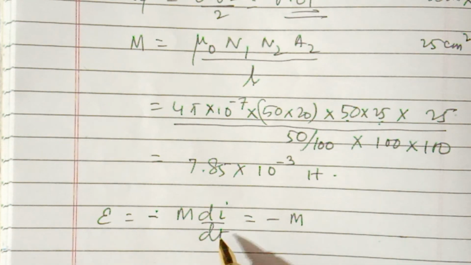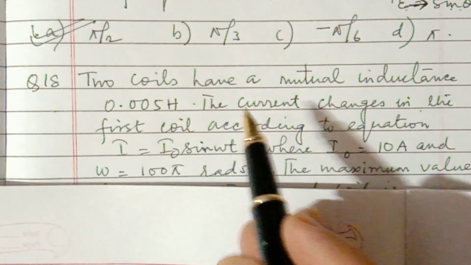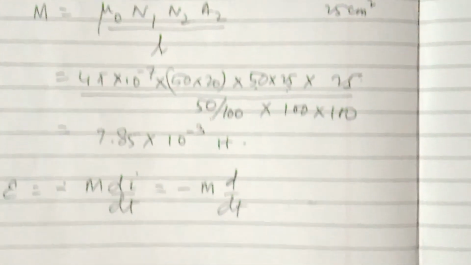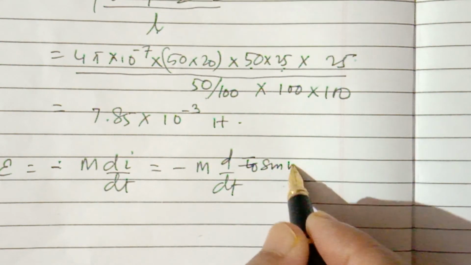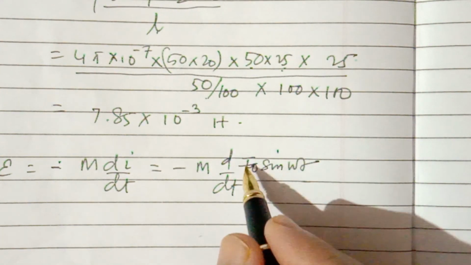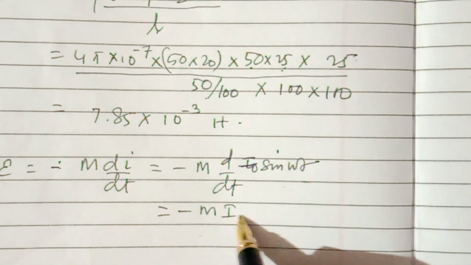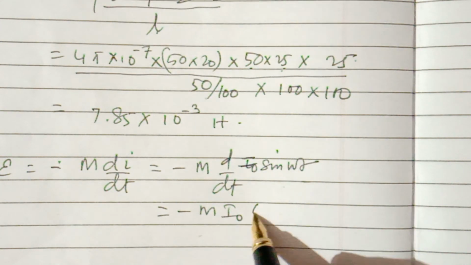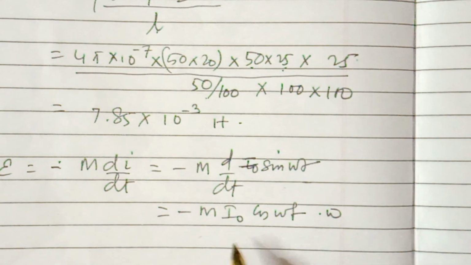Now what is I given here? So I depends on time, I naught sine omega t. So you can put that expression I naught sine omega t. Then you have to differentiate it. Then minus M I naught, sine omega t will be cos omega t into omega.